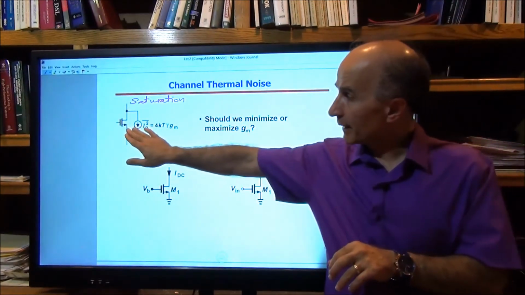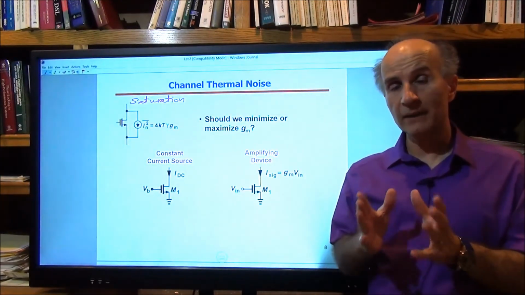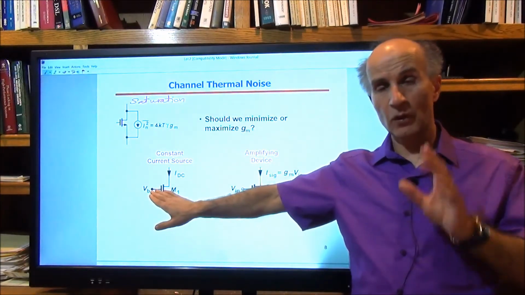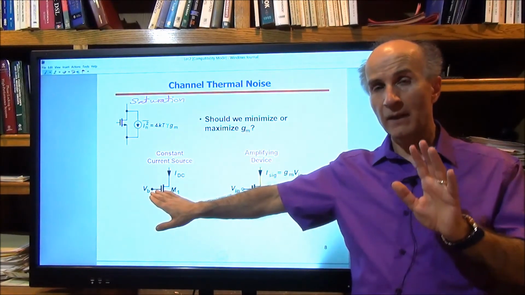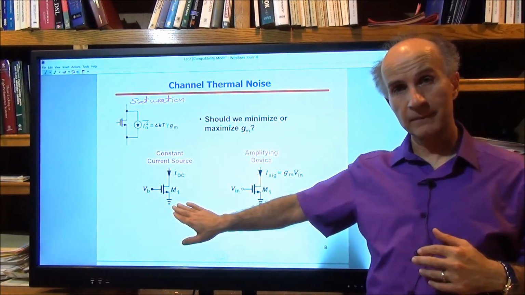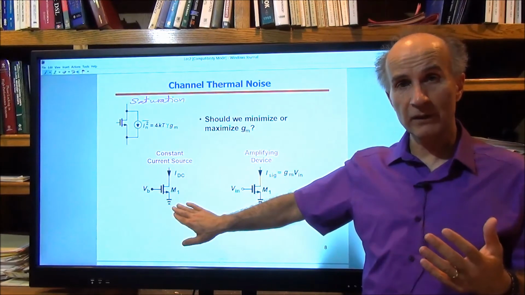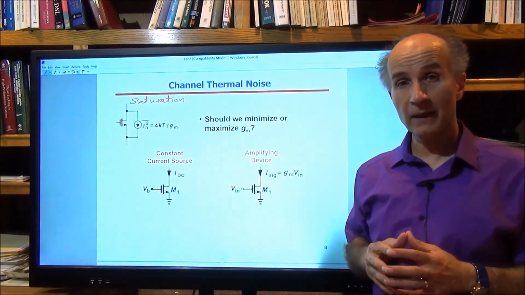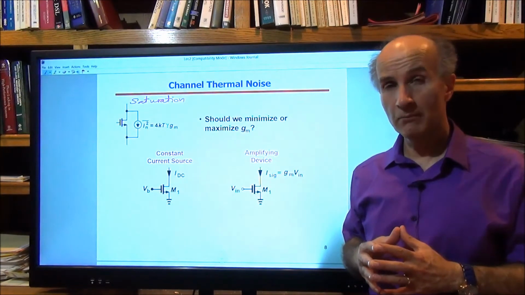Assume that this device is used as a constant current source. So the gate is connected to some bias, and we are only interested in the DC current produced by this device. And unfortunately, that DC current is accompanied by some noise. In that case, indeed, GM should be minimized.